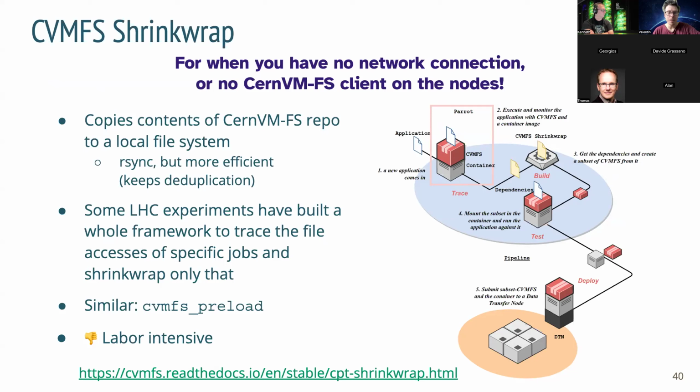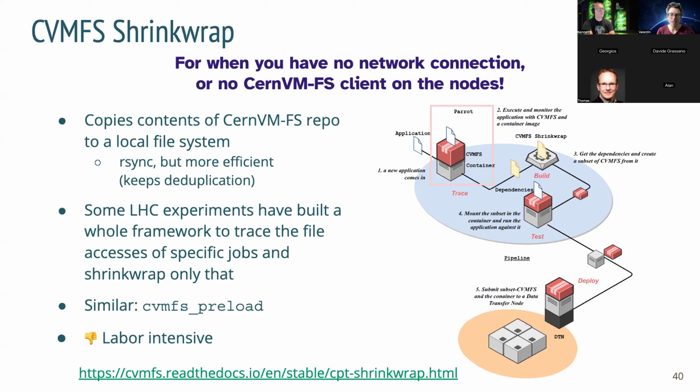Now you might ask, since CVMFS is basically a POSIX file system, why you couldn't just rsync the files that you want out of CVMFS and make an archive out of that. The answer is you can, but shrinkwrap is a bit more efficient.